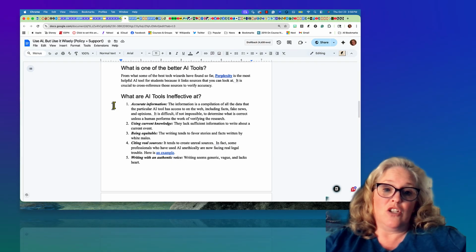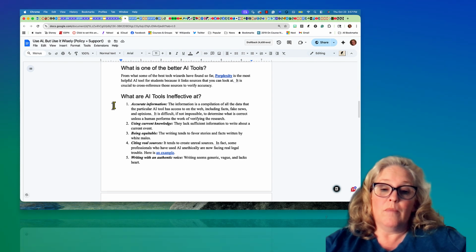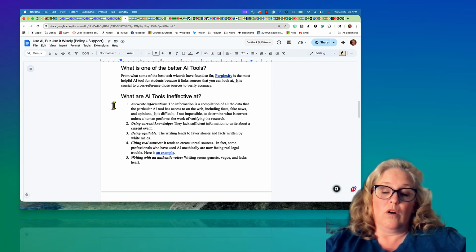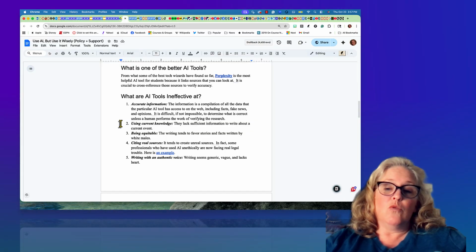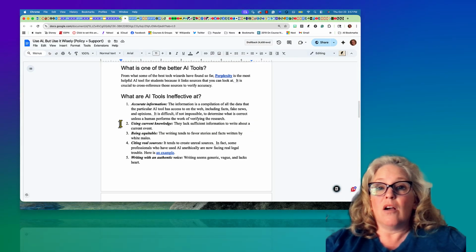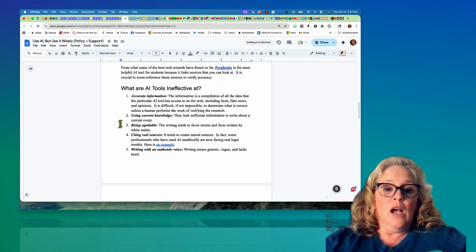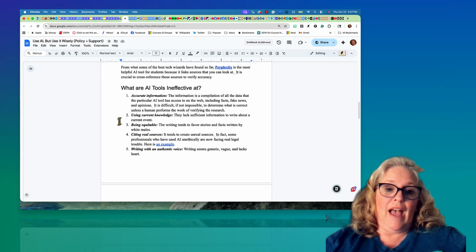It could have fake news and opinions, and sometimes it's really hard to determine what's correct unless a human actually performs the work and verifies the research. It's ineffective at using current knowledge because there's not a lot of information on the computer about that current knowledge, although AI tools are starting to get better at that.